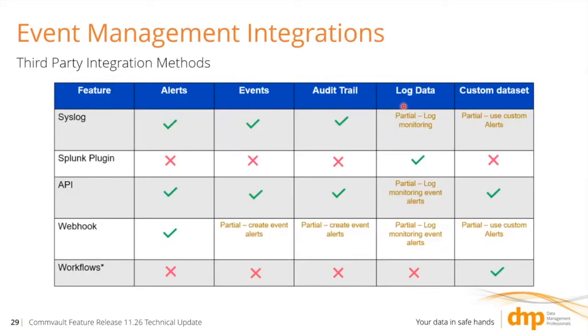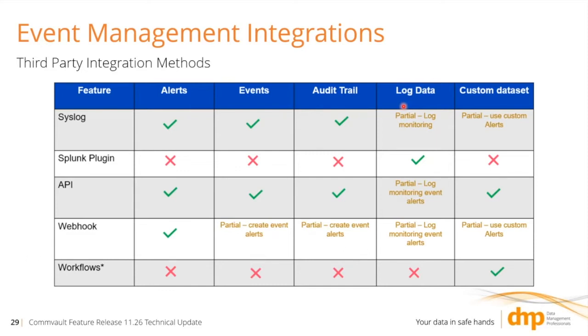So when we dive into third-party integration methods, Syslog is there, the Splunk plugin is now available. You can use APIs, webhooks are now available, and workflows have been there for a while already as well. You can see that different features have different options available.